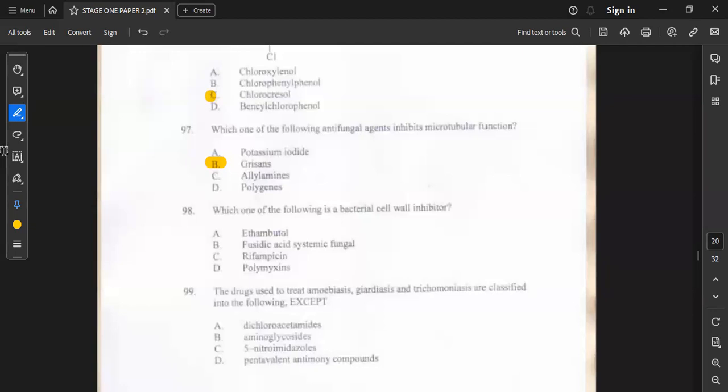But another important thing to know is the fatty meals. Absorption of griseofulvin is increased with fatty meals. And I think it's category X for pregnancy. Yes, if I'm not wrong.